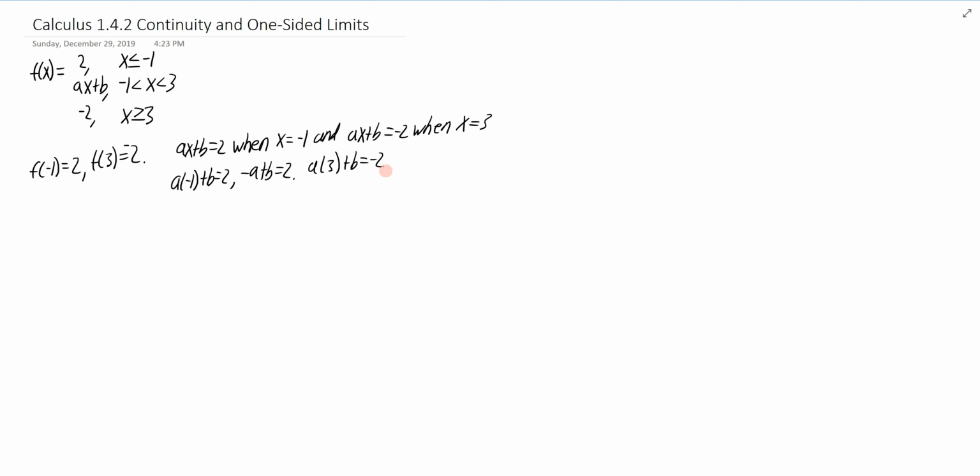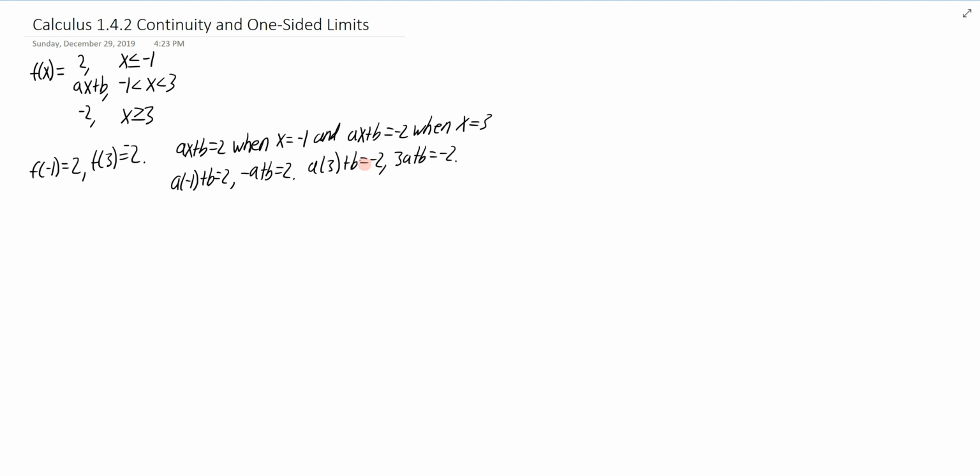And then we get that 3a plus b is equal to -2. We now have these two distinct equations here. All that we did here is we said, look, our x coordinate is at -1, and we got to be equal to 2, so I simplified this. We did the same thing over here. Our x coordinate is at 3, so we put the 3 in for x. We got to be equal to -2, so we set that equal to -2 like so.